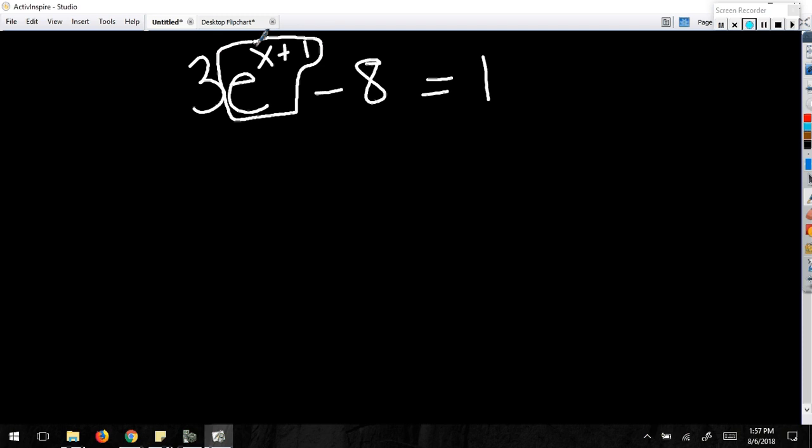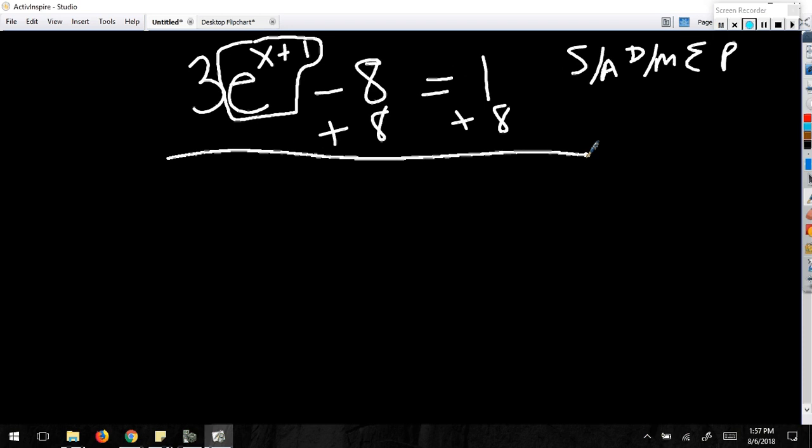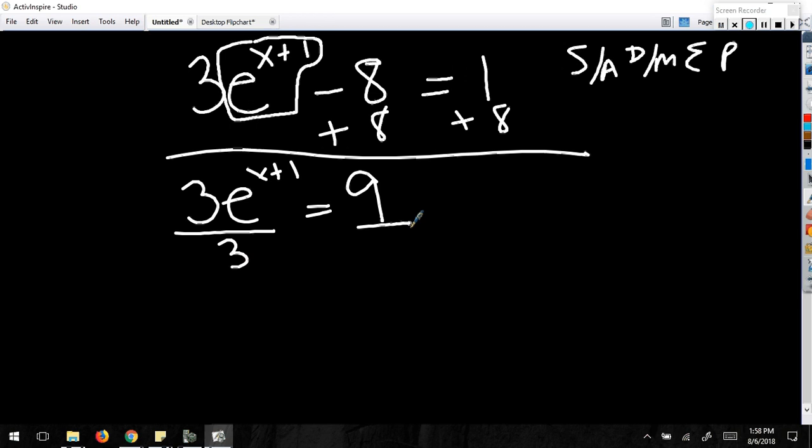So I need to get rid, remember I'm using backwards order of operations when I solve, so I want to get rid of this 8 first. So I've got 3e to the x plus 1 equals 9. Again, just trying to get that exponential piece by itself. Divide by 3. So I've got e to the x plus 1 equals 9 divided by 3 is 3.